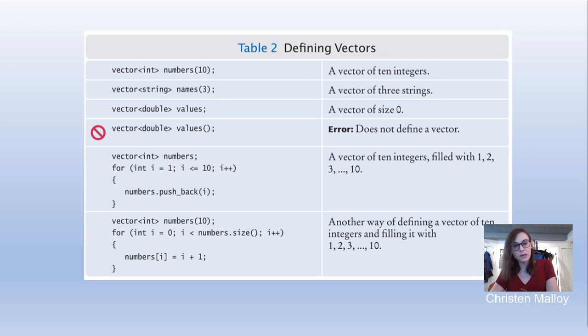If we wanted to initialize a set of numbers or other data type values into a vector, we would have to use a loop. So a for loop works really well with vectors, especially if we know how many things we want to actually put into the vector. The thing about vectors is that they don't have a set size. That size can grow or shrink depending on the needs of the programmer or the program.